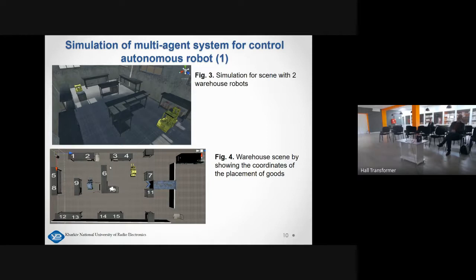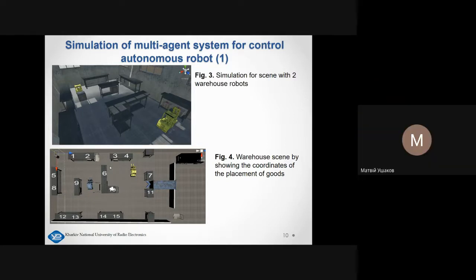Did you try to perform any real experiments in an uncontrolled environment? No, we haven't, because we have not signed with any warehouses to do that for now. But maybe in future we will do that and make a real warehouse experiment. But for now, we did it like that.